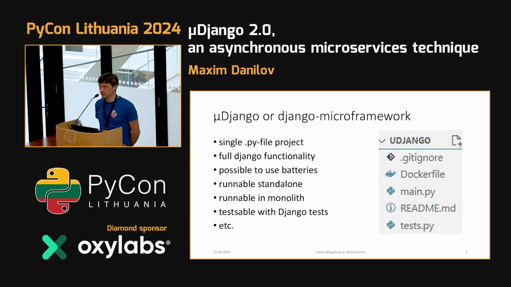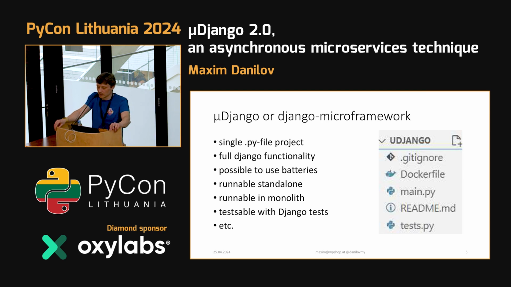Also, this technique gives me the possibility to use different Django batteries or something else. I can run it standalone, I can run the developed file in a monolith with any other files, and it's also testable with Django unit tests, and so on.